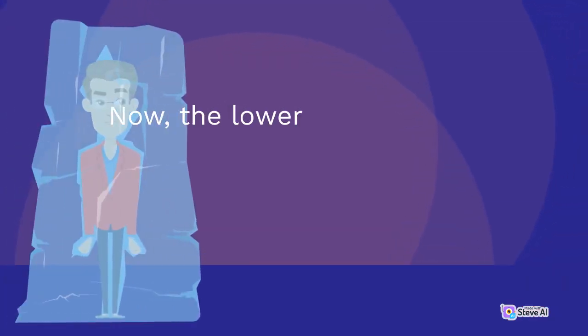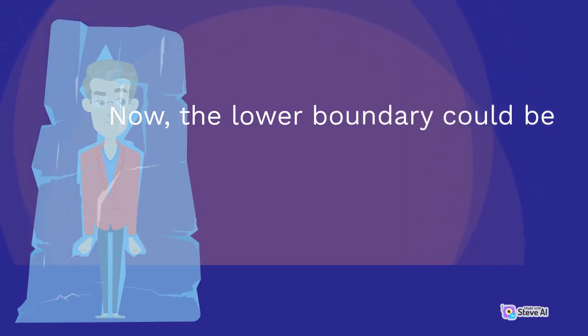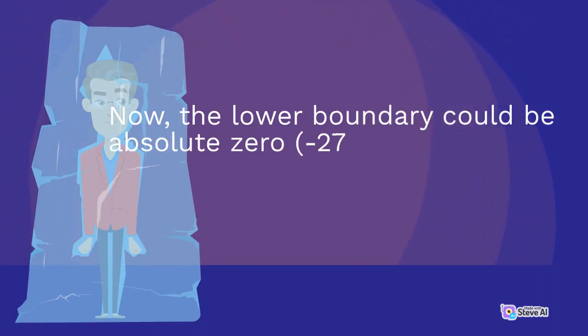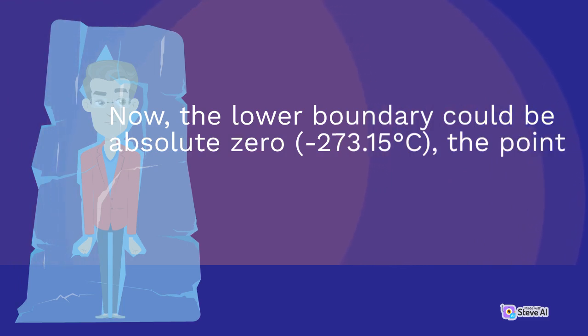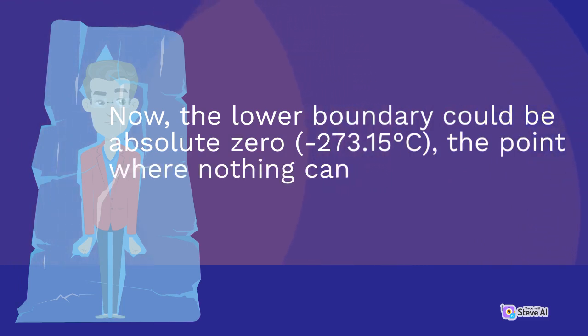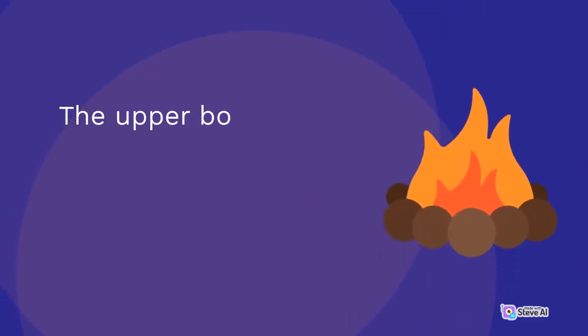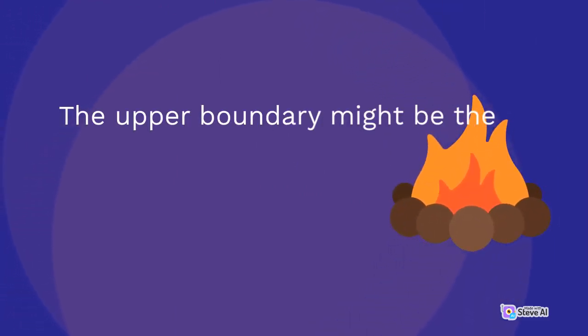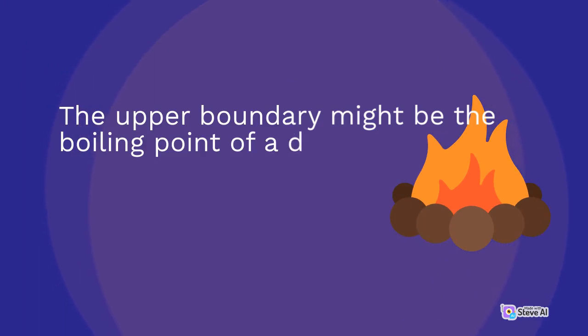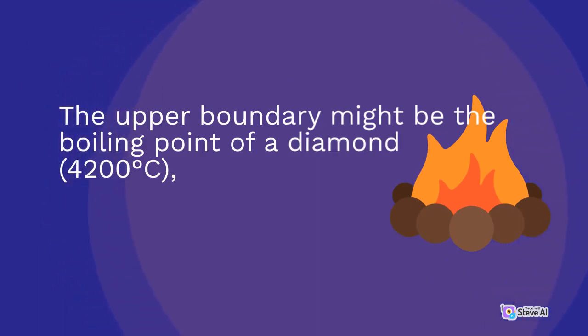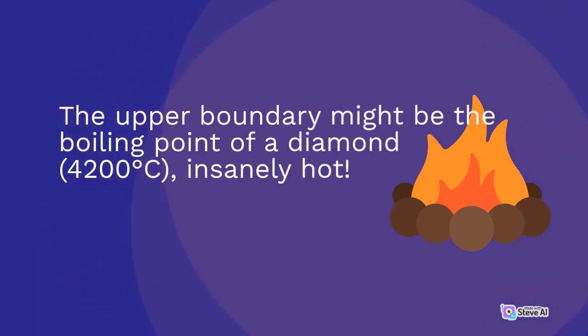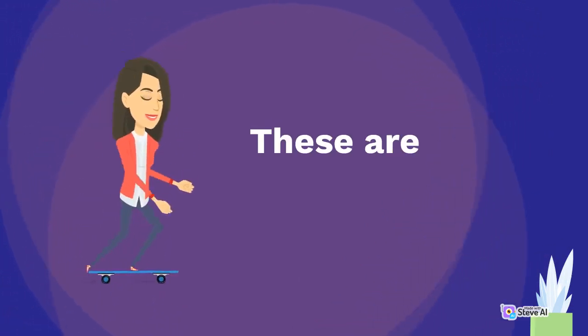Now, the lower boundary could be absolute zero, minus 273.15 degrees Celsius, the point where nothing can get colder. The upper boundary might be the boiling point of a diamond, 4,200 degrees Celsius, insanely hot. These are your boundaries.